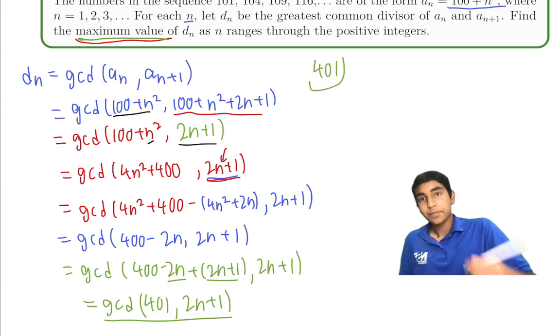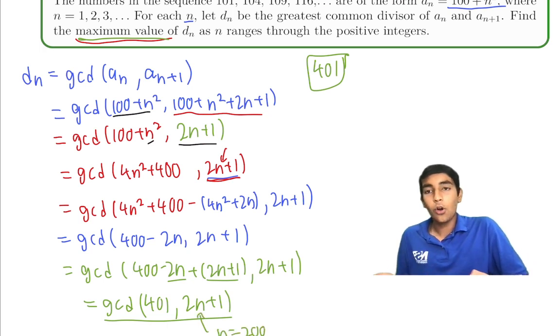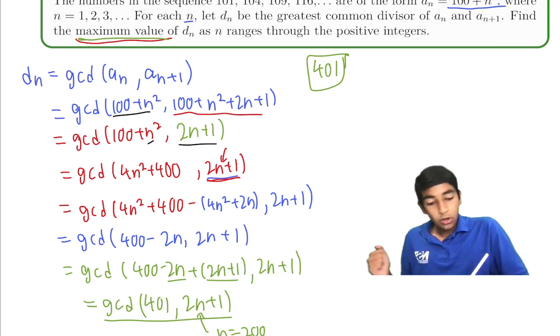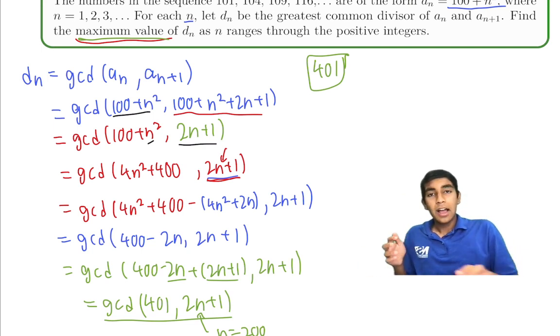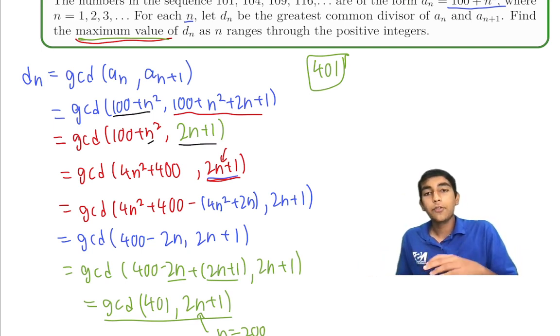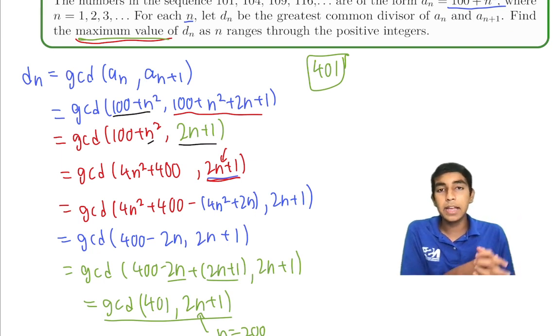Why? Well, because if n is 200, then 2n plus 1 is 401, then it's just GCD 401 and 401, and that works. But there's no other higher value possible than 401, because how can we achieve a value larger than 401 when 401 is one of our terms in GCD? GCD will make two numbers smaller.